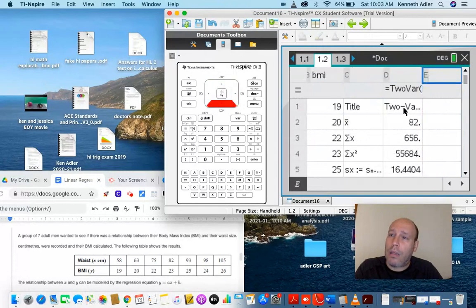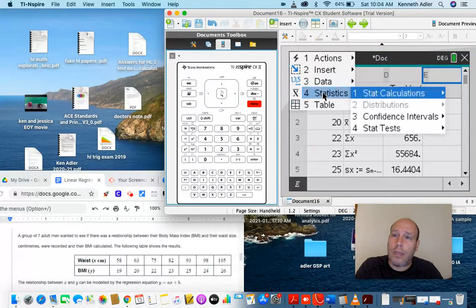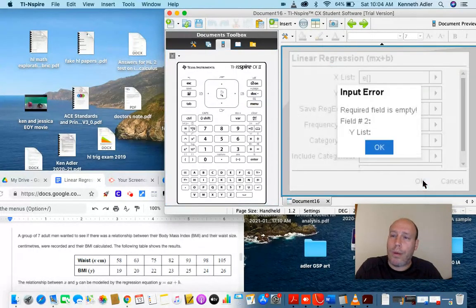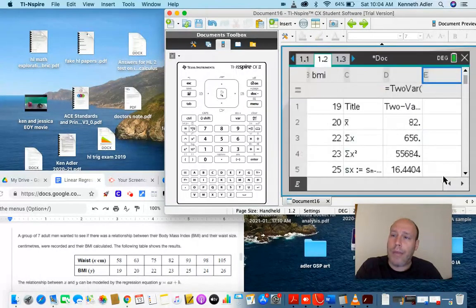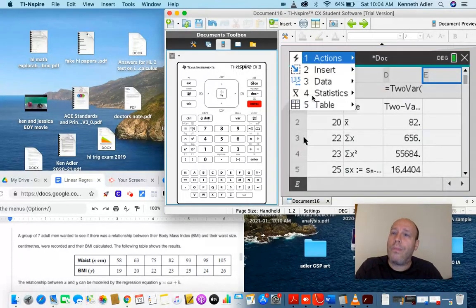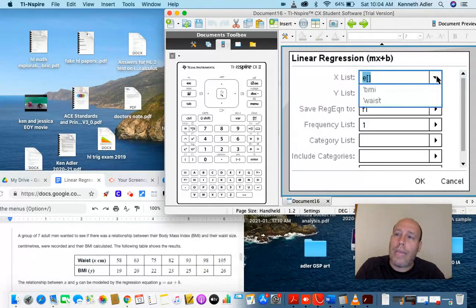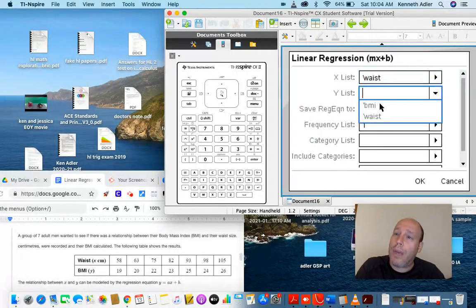Let's go over to the E column, and then go to menu, statistics, stat calculations. The first choice is linear regression. That's where we're going to go. The X was the waist. The Y column was the BMI. We're going to save it to F1.